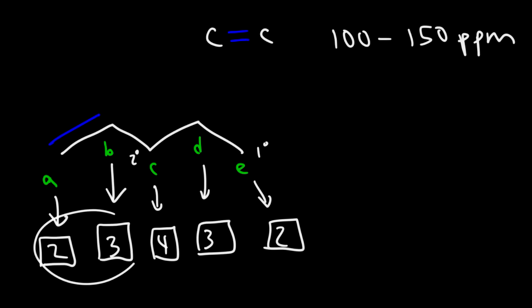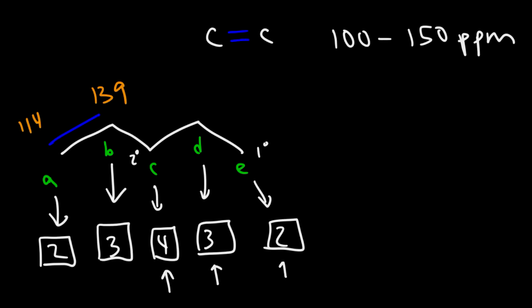So let's compare these two because they're part of the double bond system. Carbon B is going to have a higher chemical shift, and the value for it in this example is 139. For carbon A, it's 114. So it's between 100 and 150, as we can see here. Now, carbon C, D, and E, we can rank them based on the score system.